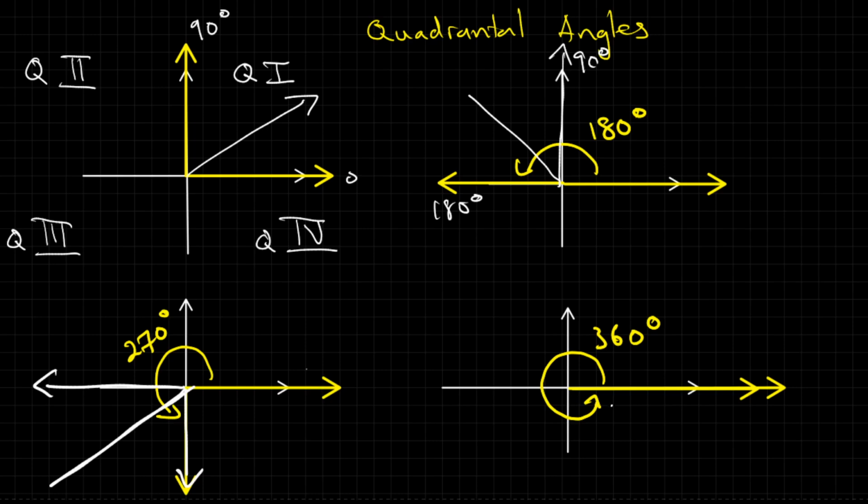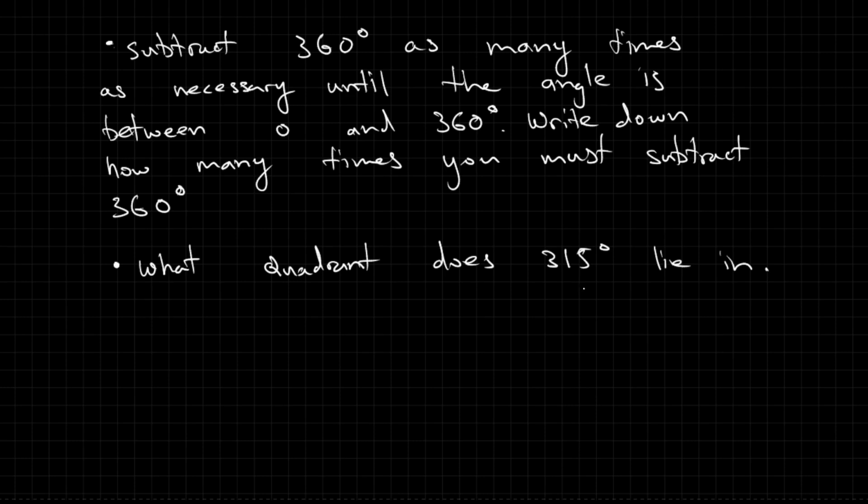And finally, an angle between 270 and 360 will be an angle that's in quadrant 4. So what quadrant does 315 lie in? Well, it's between 270 and 360, so the answer is quadrant 4. So now we know that our picture is going to be some angle that's in quadrant 4.